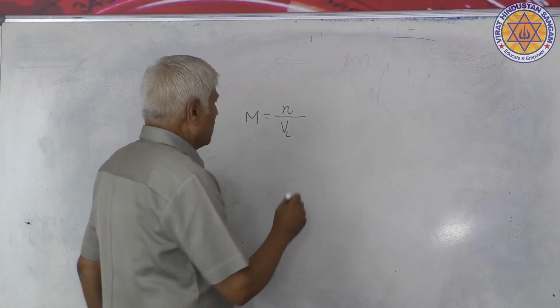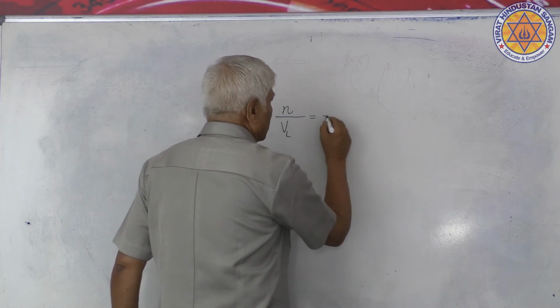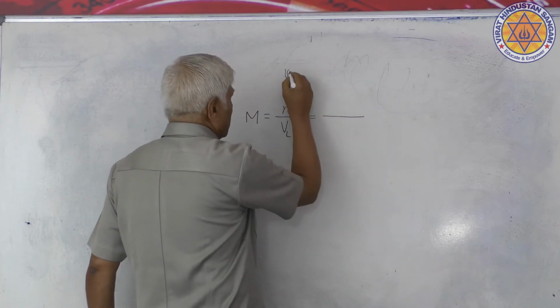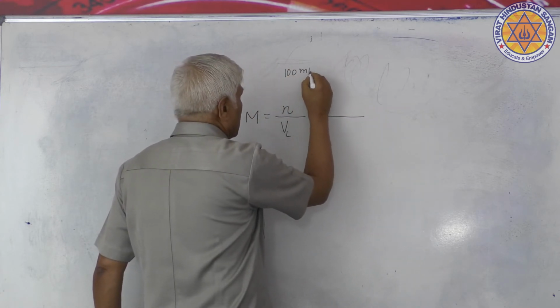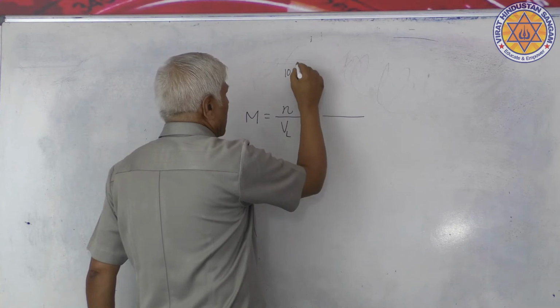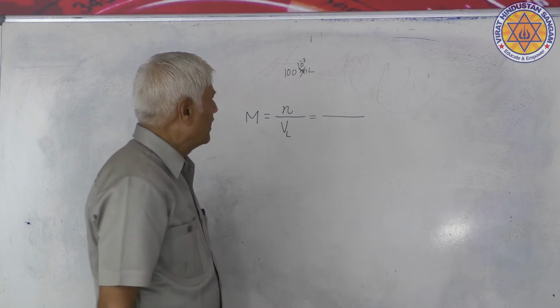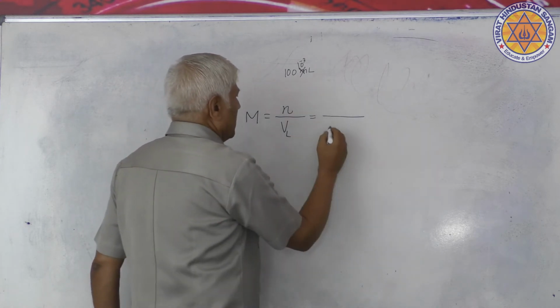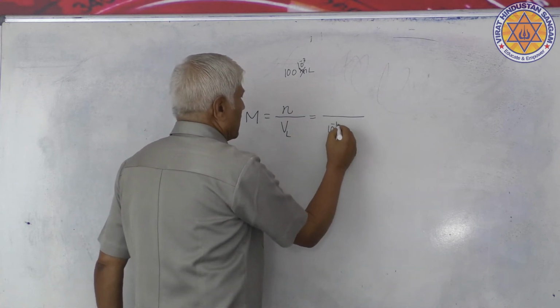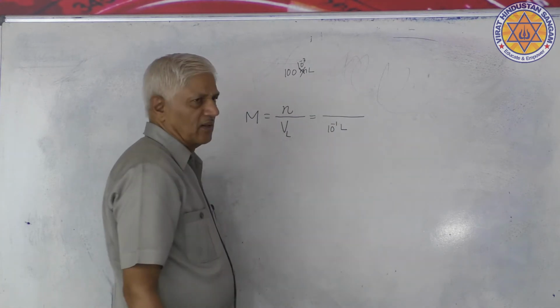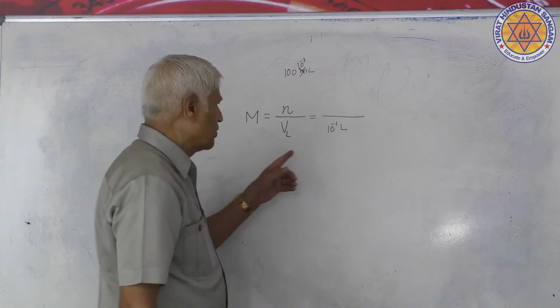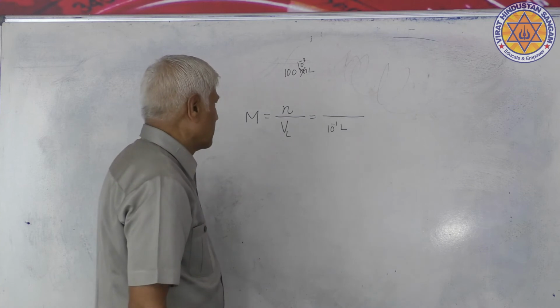We have not given in liters, we have given in milliliters. Milli stands for 10 to the power of minus 3. 100 into 10 to the power of minus 3 is 10 to the power of minus 1 liters. So we have substituted correctly for the denominator.